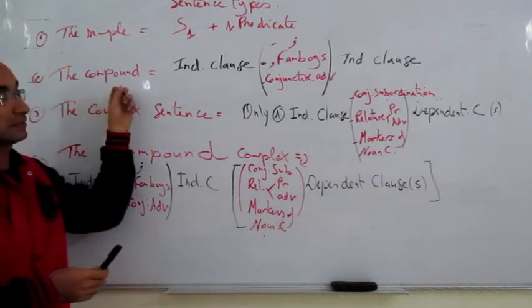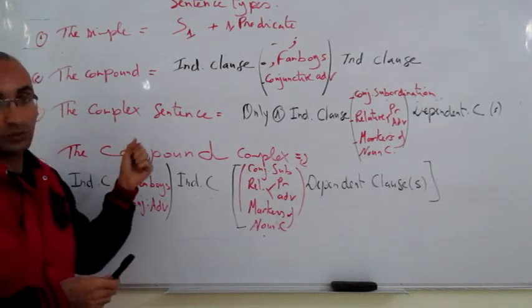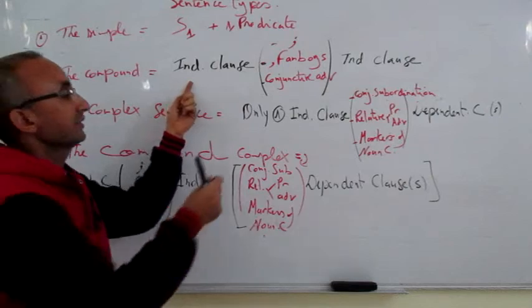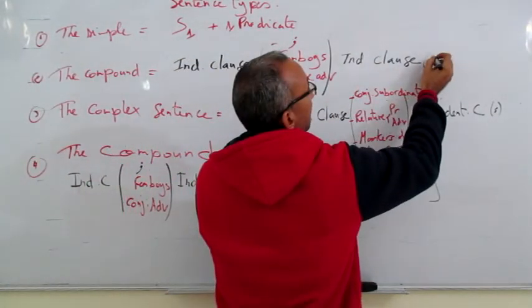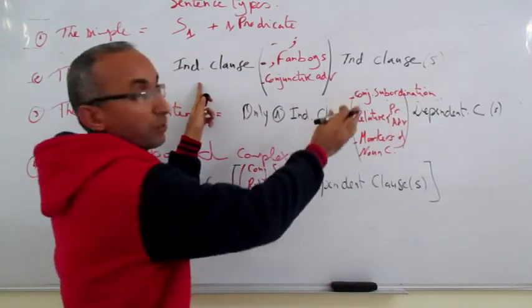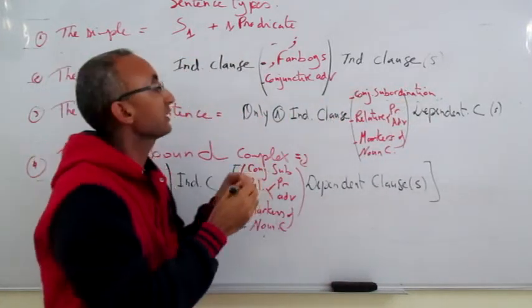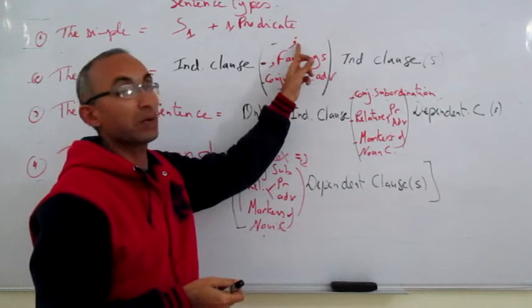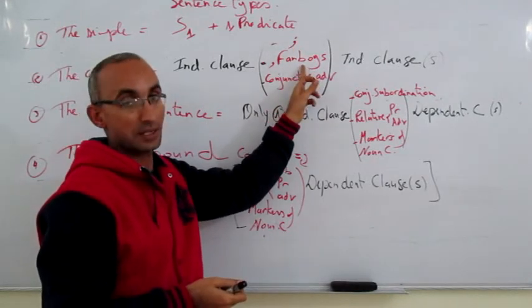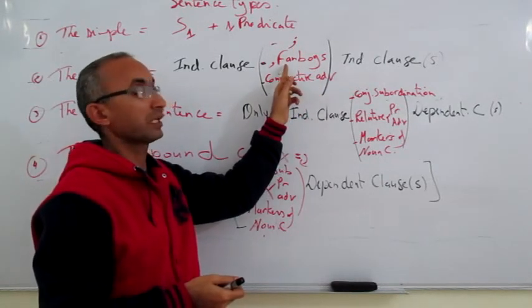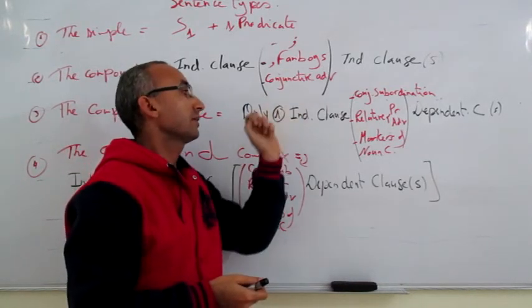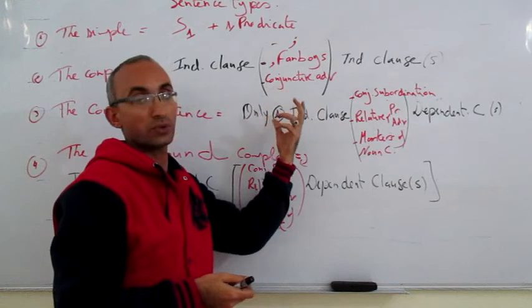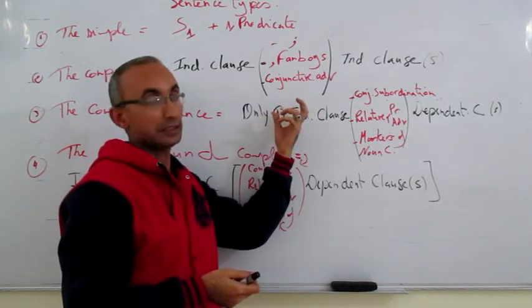The compound sentence consists of two or more independent clauses joined by one of these elements: a semicolon, or one of the FANBOYS, I mean conjunctions of coordination, or the conjunctive adverbs: however, therefore, also, in addition, and so on. Clear?